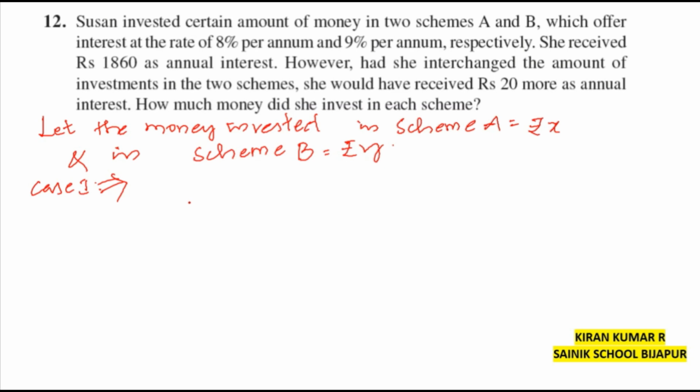So in scheme A, she is investing at the rate of 8% per annum, and in scheme B, she is investing at the rate of 9% per annum, and the total interest she obtains is 1860.